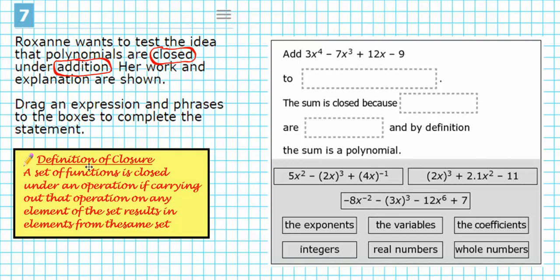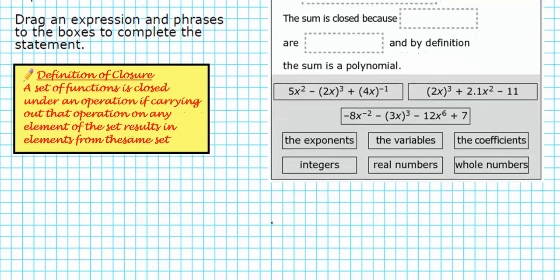Okay, so let's talk about closure real quick. A set of functions is closed under an operation if carrying out that operation on any element of that set results in elements from the same set. Okay, so your polynomials are closed under addition if you add polynomial plus polynomial and get a polynomial. Okay, so let's go ahead and write that down.